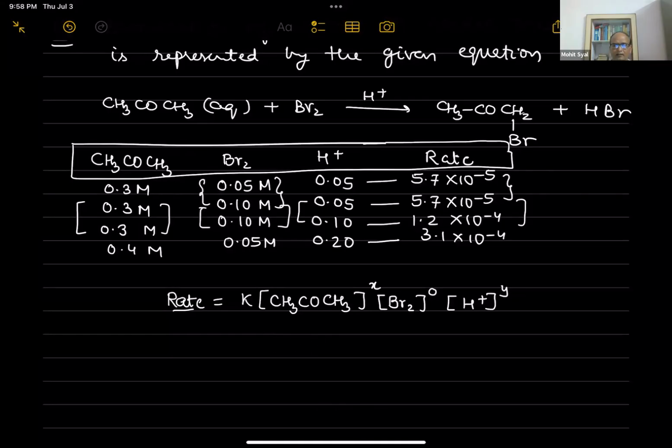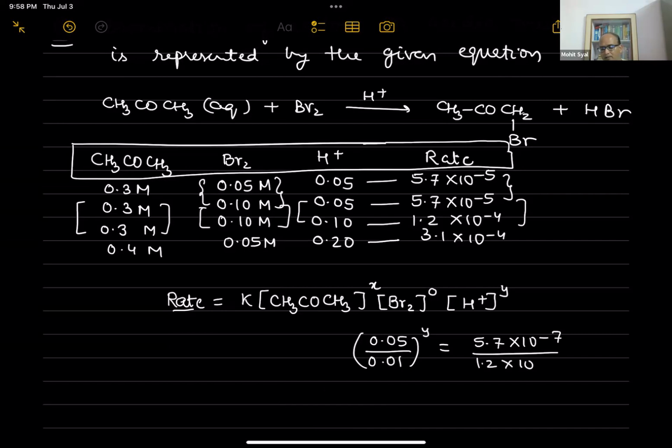So H plus concentration is 0.05 and 0.01 to the power x, and the power of H plus is y, and that is equal to 5.7 into 10 to the power. This is the rate.